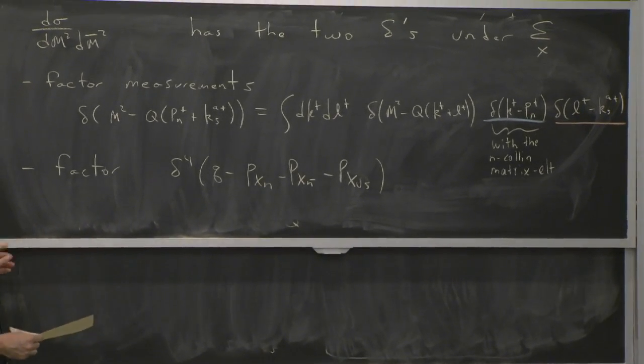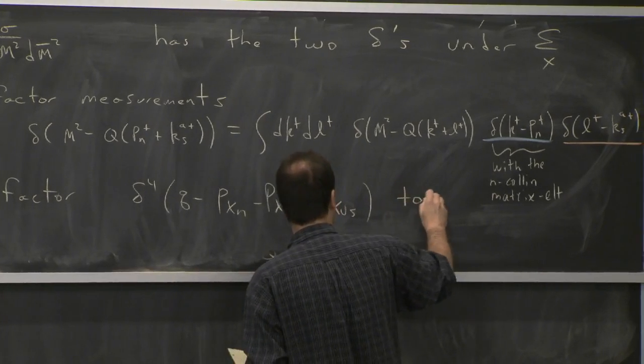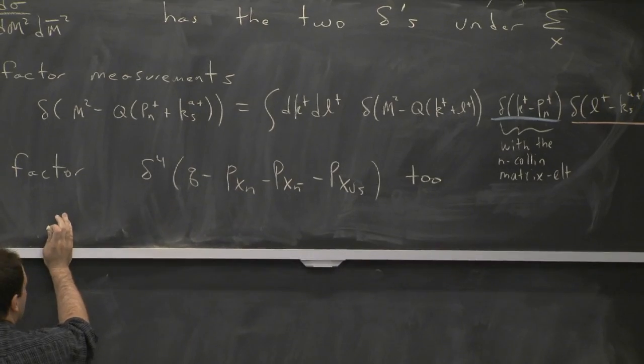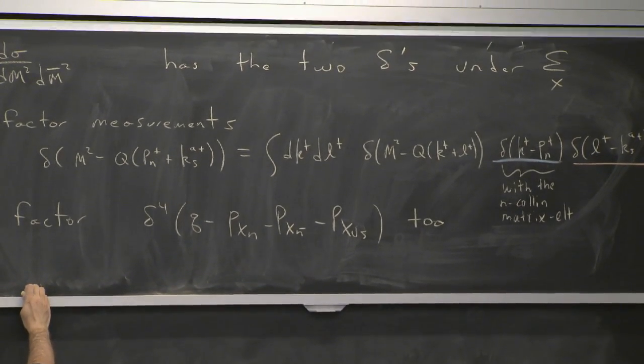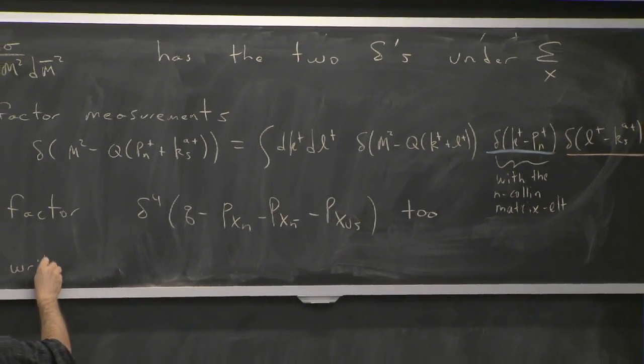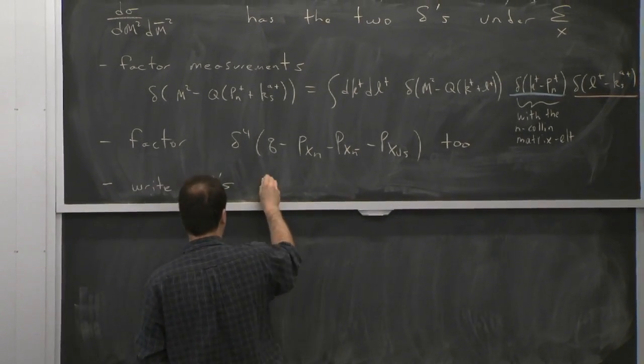Maybe a little more difficult. So we factor that guy too. And then there's one other trick that we want to do, which is useful, and that is that we can write some deltas in Fourier space.